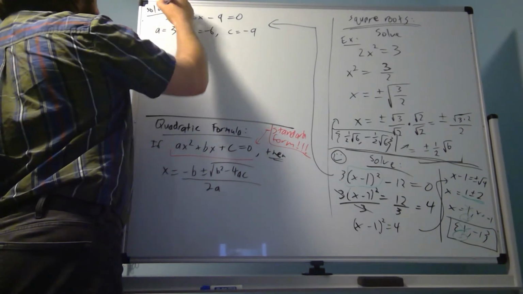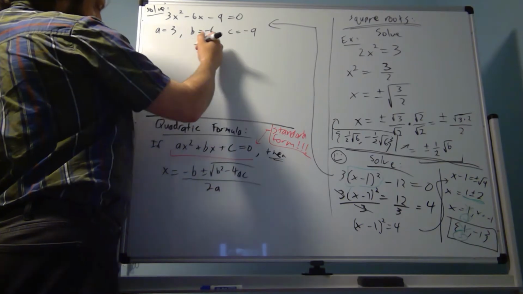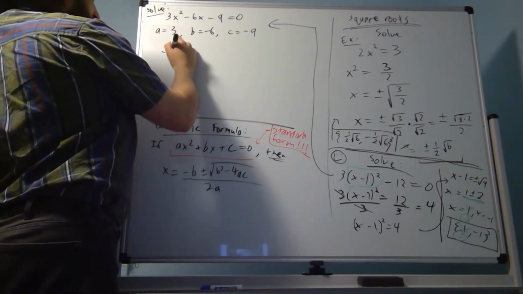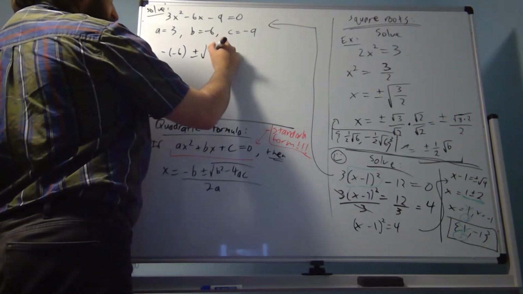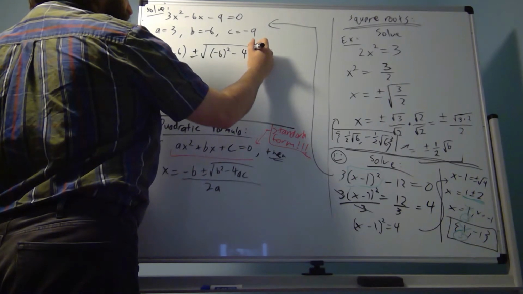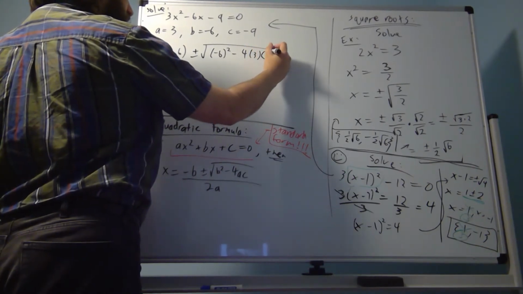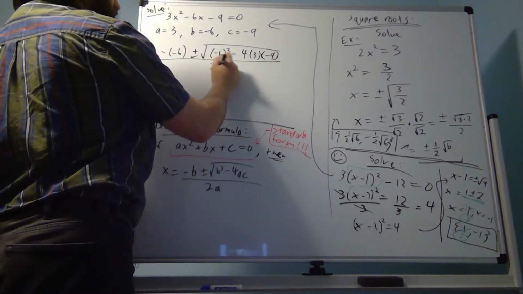So let's solve this. Now we're in the quadratic formula. Negative b plus or minus the square root of b squared minus 4 times a times c, all over 2a.